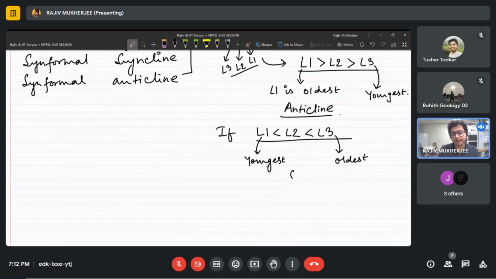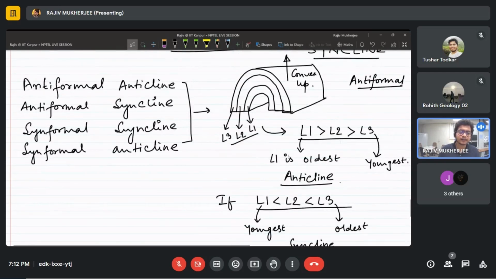Then it would be a syncline. Then this would define antiformal syncline, right?